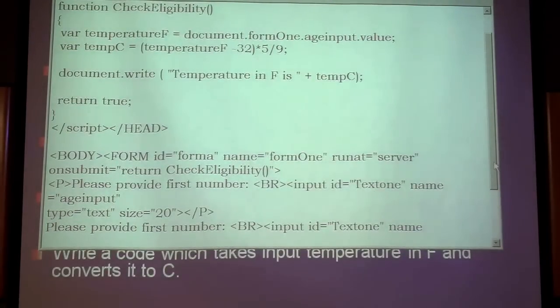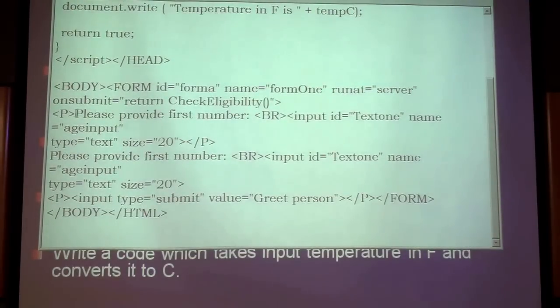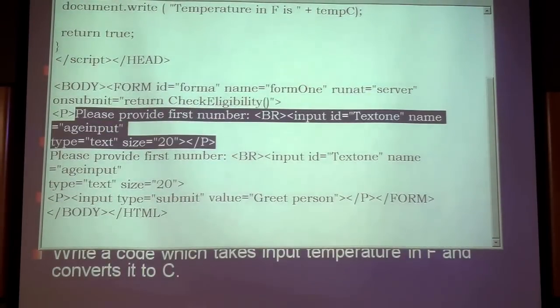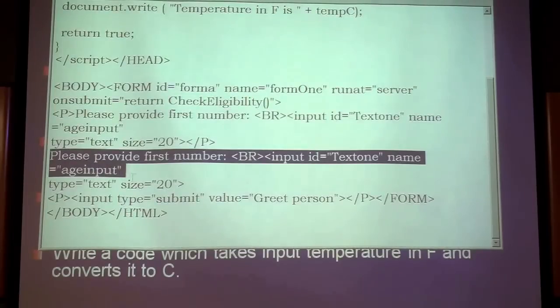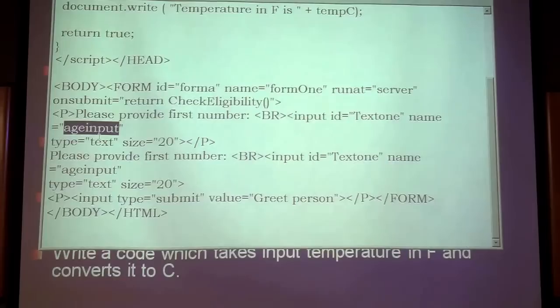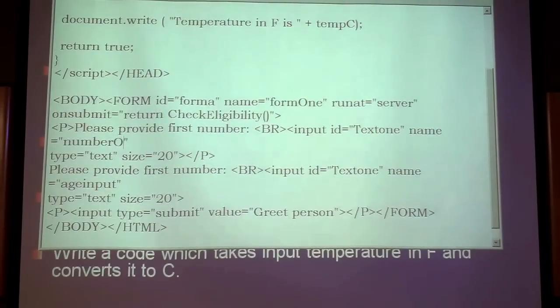Let me modify here. This is my first text field, which starts here and ends here, and this is my second text field. As you may observe, both text fields have the same ID and the same name, which is not good. We have to change that, otherwise the browser will not be able to recognize which is which. I'm going to change the name from age input to number1, and the second text field name to number2.